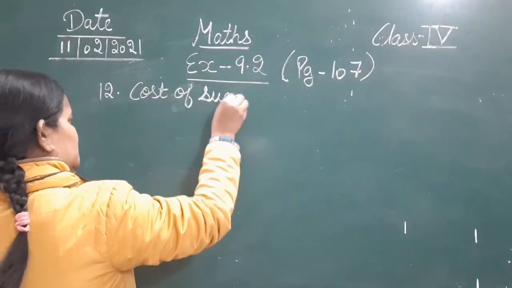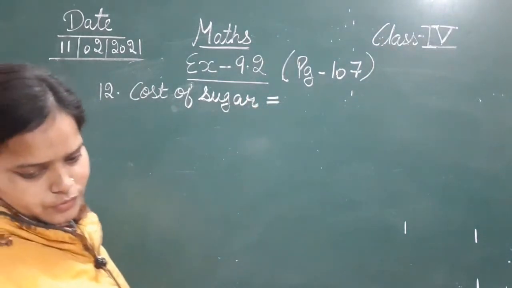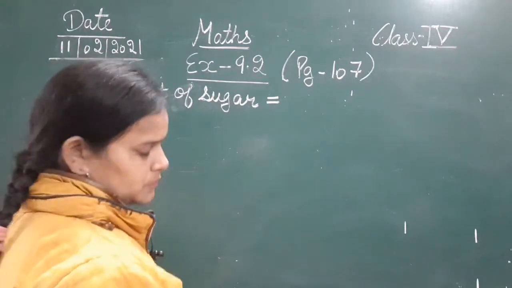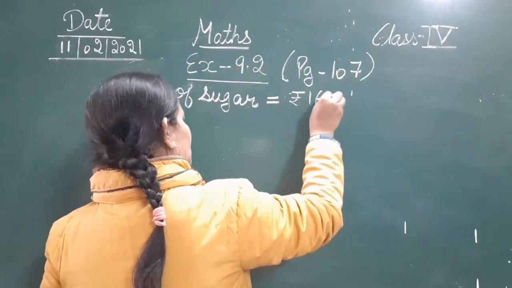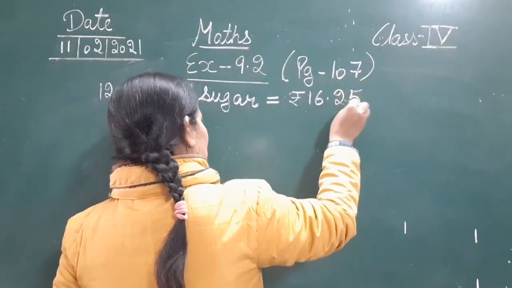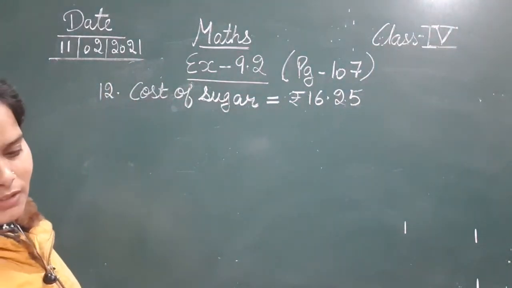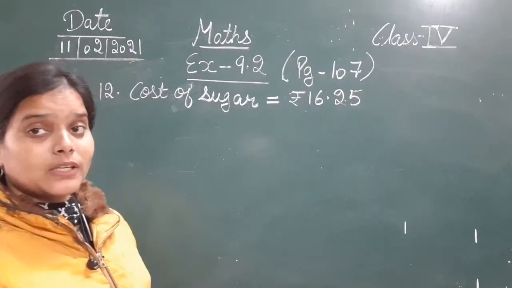The cost of sugar is equal to 16 rupees 25 paise. So this is the cost of sugar. Second, the cost of butter. So next, the item that he had bought, that's butter.